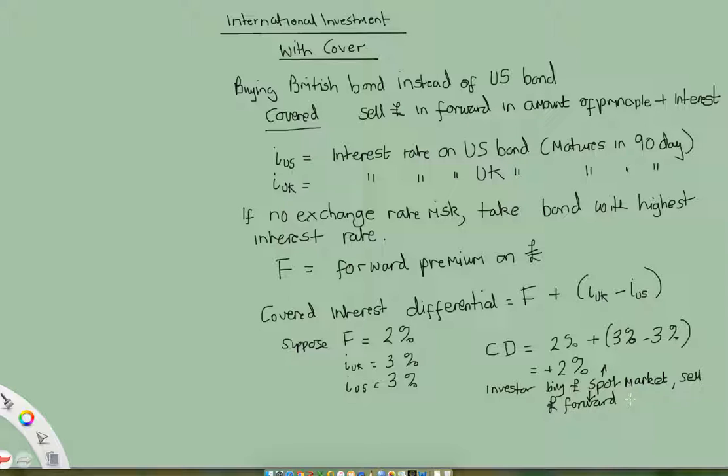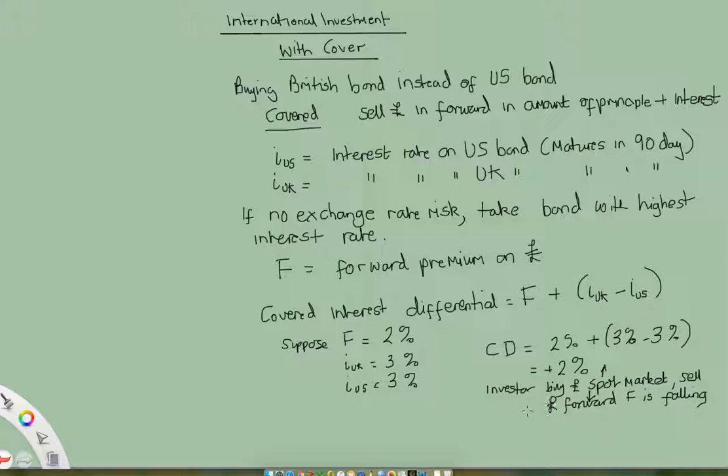So the F is falling. Having this covered differential in favor of the pound denominated assets will actually cause the F to fall, the forward premium to fall.